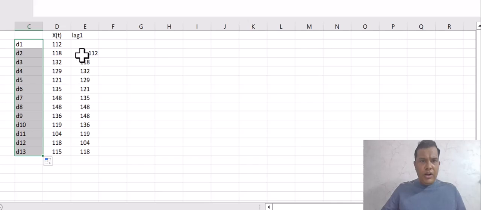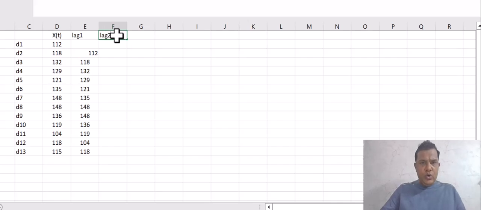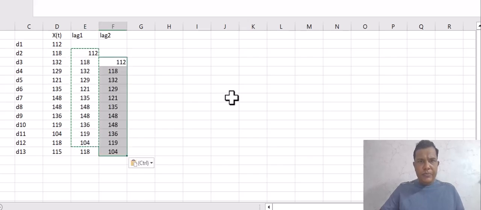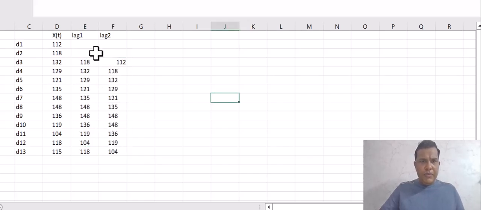In lag one, what I have done is I have written the day two number in front of day one, the day three number in front of day two. And if I want to find the lag two, then I'll take this and put it like this. So in front of D3, I have put in D1.